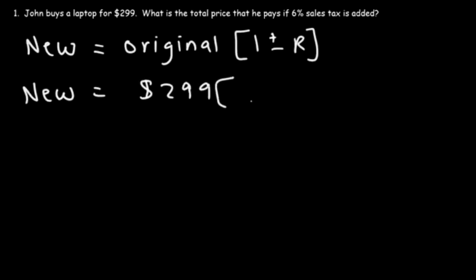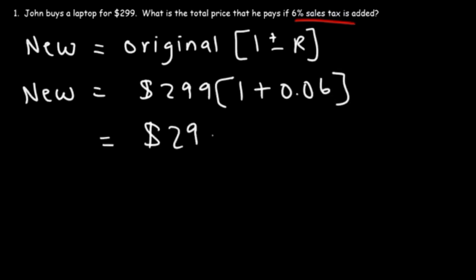That's $299. And we're going to use the plus symbol since we're dealing with a sales tax. That's going to increase the total price. And R is going to be the decimal form of the percentage. 6% is basically 0.06. So all we need to do is multiply $299 by 1.06.